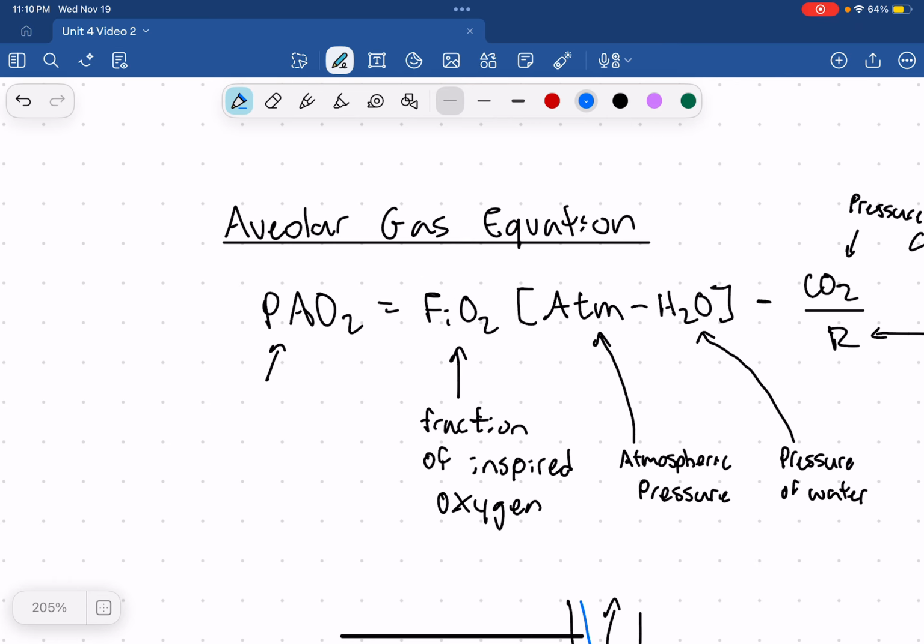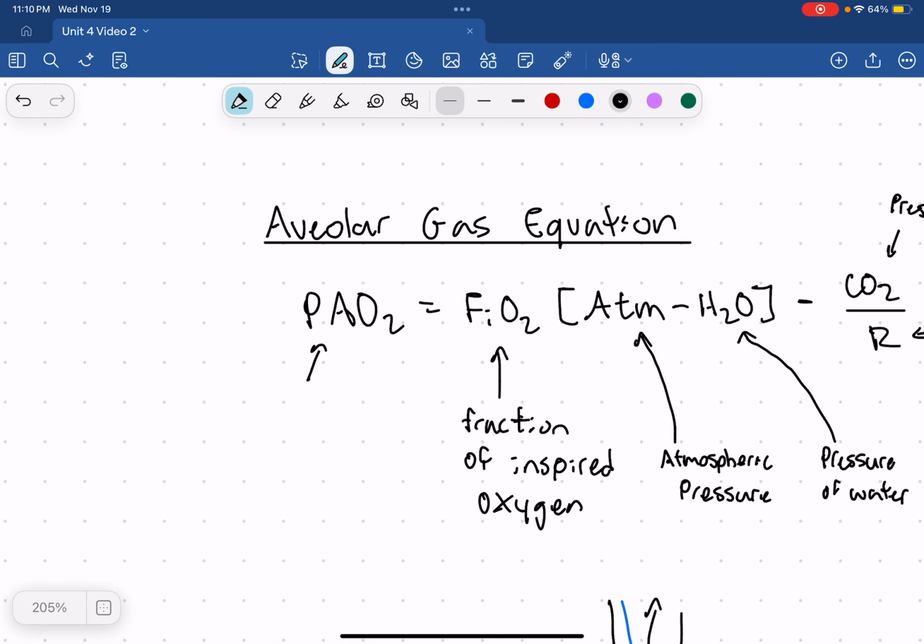So going back to this alveolar gas exchange equation, the PaO2 represents the partial pressure of oxygen in the alveolus.